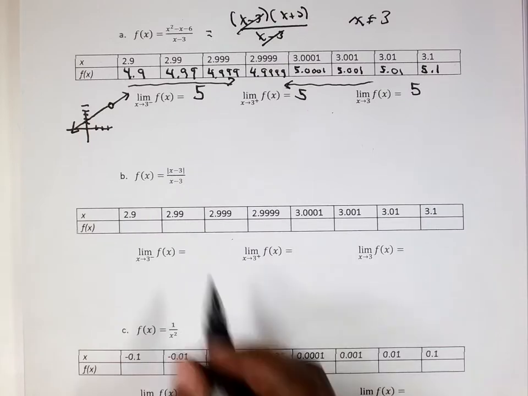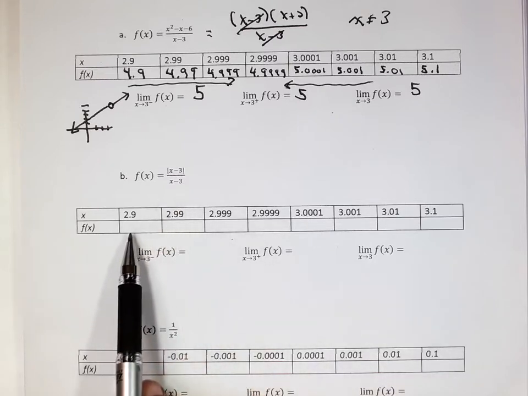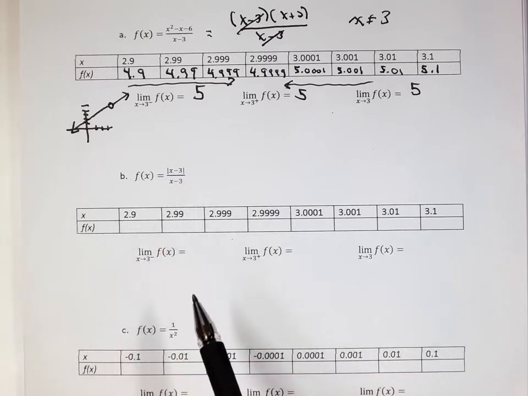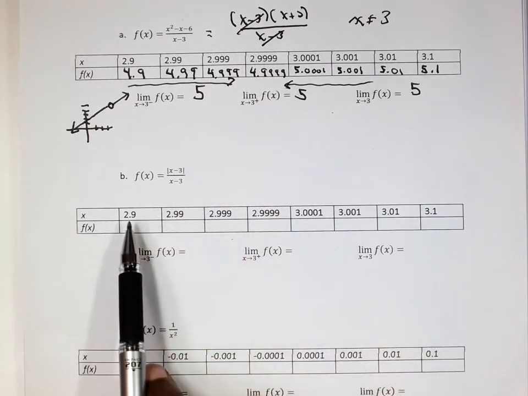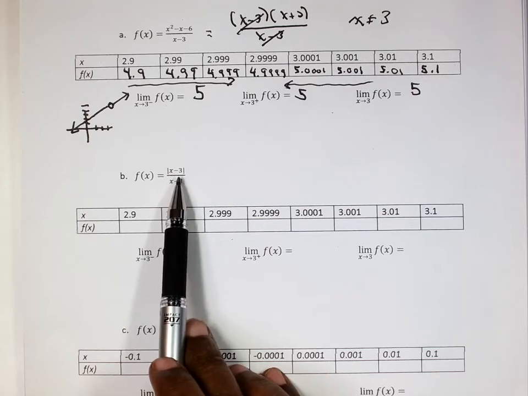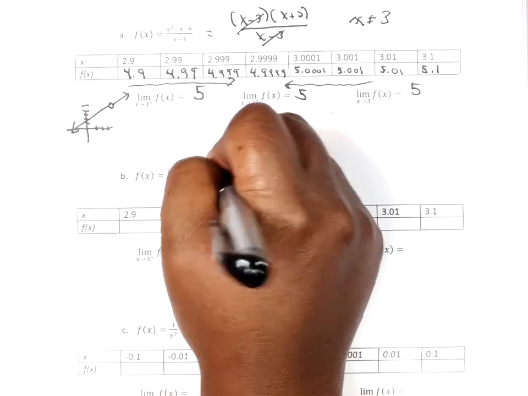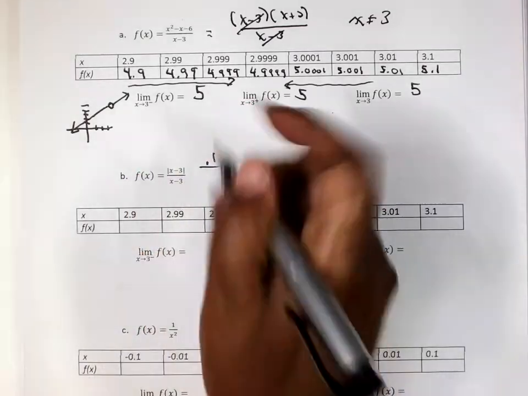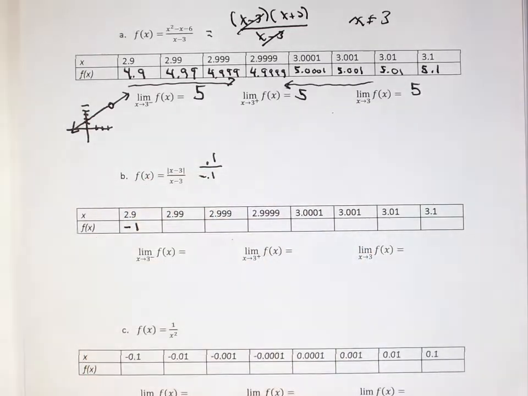All right, B, we have x minus 3 over the absolute value of x minus 3. So, again, I'm just going to do the same thing. I'm going to plug this in and see how it simplifies. Now, I can't factor away like I did the first one, but what happens when I plug in 2.9? So 2.9 minus 3 gives me a negative 0.1, but you're taking the absolute value of that, so it would be 0.1, and then down the bottom when I plug in 2.9 I get negative 0.1, so that simplifies to a negative 1.